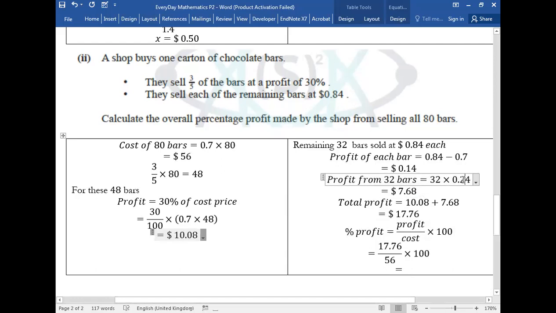0.14. Yeah, I always tell you people to calculate the values on your own. If someone tells me a wrong value, what is the profit then? 32 into 0.14 is 4.48. And the total profit is 14.56.